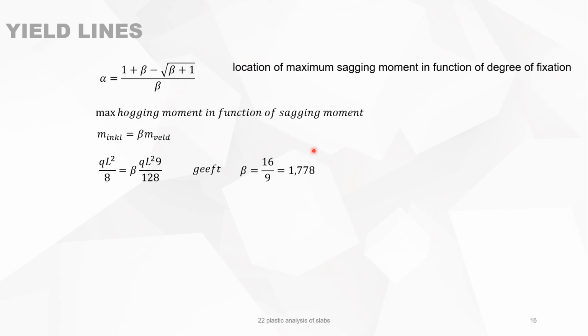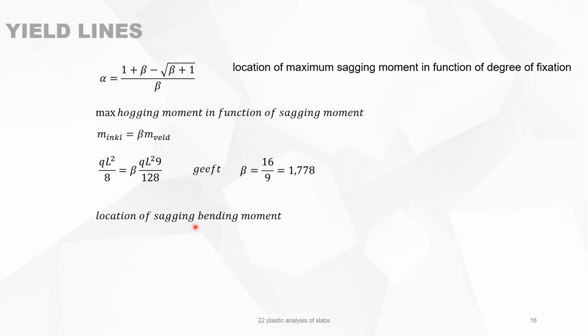This is from the mechanical input, so it's 1.8. Instead of 2, which we used up till now as the maximum degree of fixation, for this beam fixed-hinged the maximum fixation is 1.778.